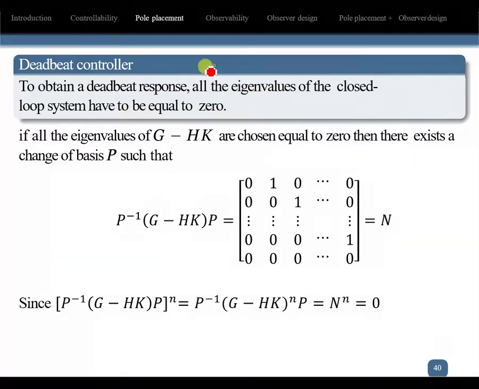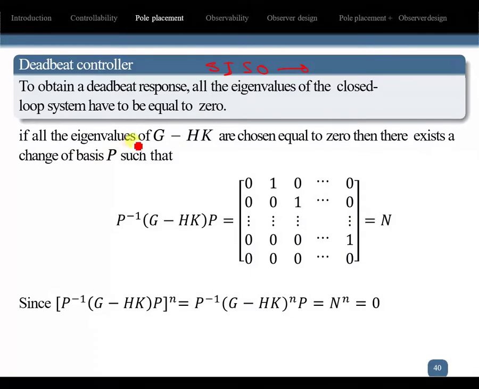As we said, for single input, single output, the poles are the roots of the denominator, and for multi-input, multi-output, the eigenvalues of the matrix are equal to the poles of the system.